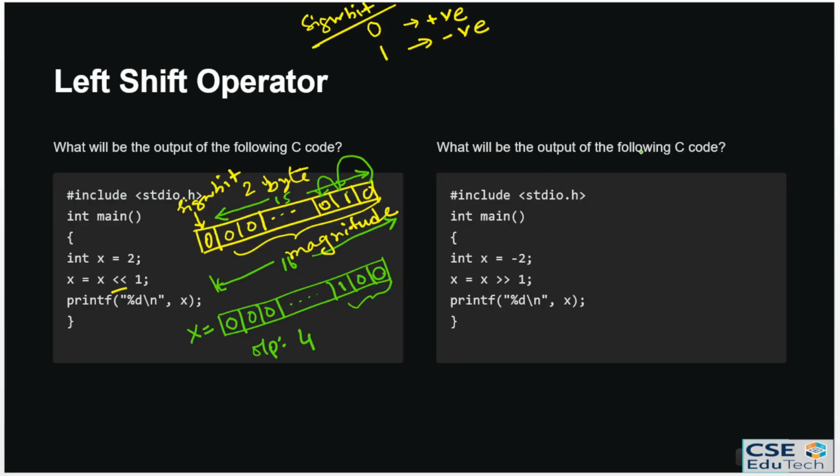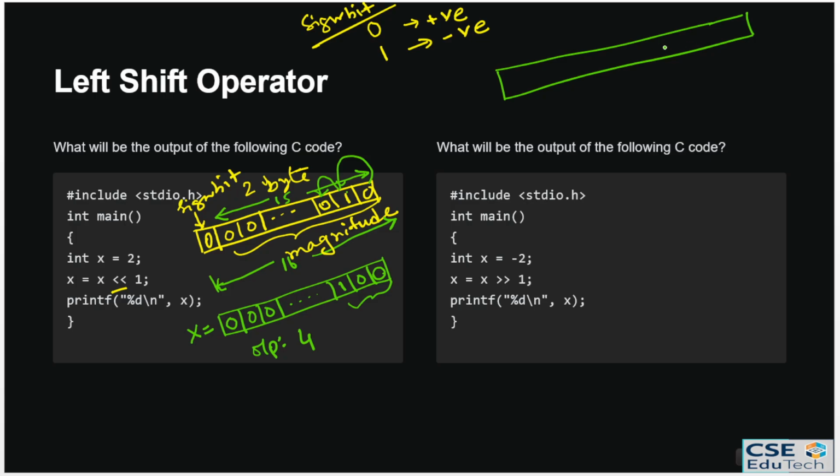Now what will be the output of the following code? It is a -2, right? So here it is a -2. A negative number is represented in the computer in 2's complement form. Clear?